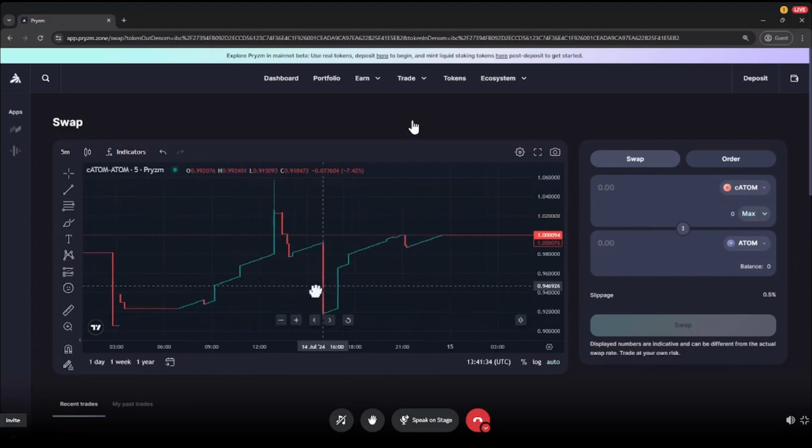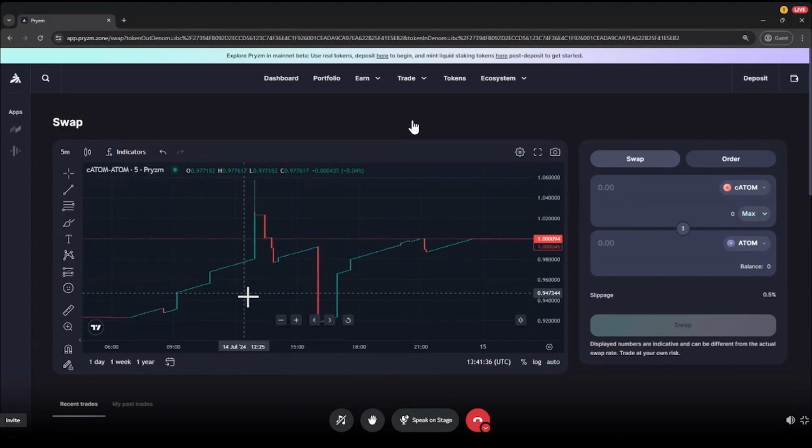So all of these lines here, you can see, are little buys happening every time cATOM is below its fair value. So you can just set this up yourself as like a little arbitrage that says, look, if the price is below a threshold, then just buy a little bit for me every single time over a defined time period that I want to do.